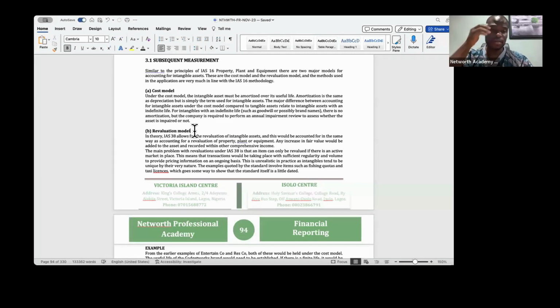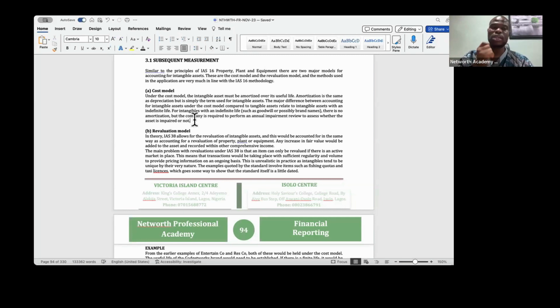And finally, one thing you need to note for this subsequent measurement is that usually you will find yourself having most intangible assets having an indefinite useful life.